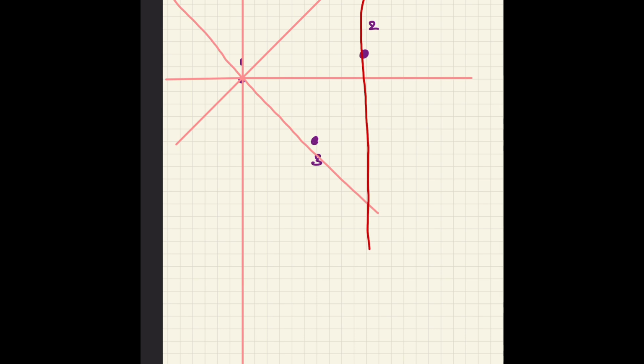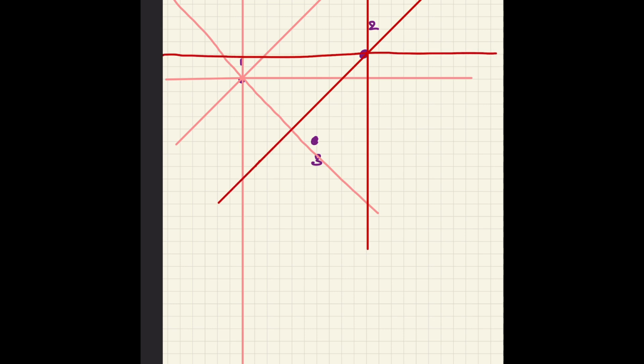So we will draw all the possible lines and take each and every intersection of all these lines.